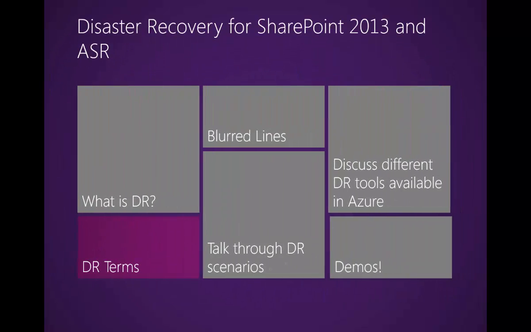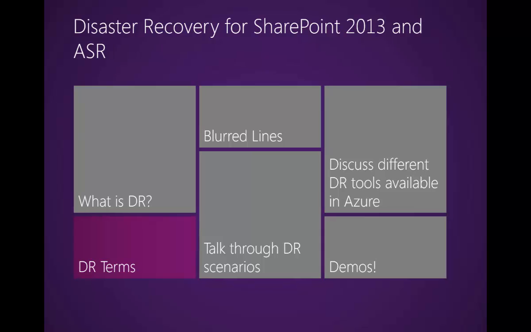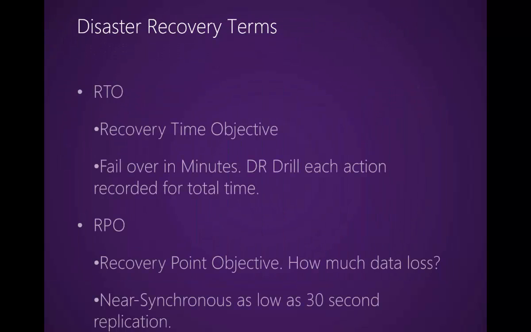So a couple quick DR terms that we'll put out there for everybody. RTO and RPO. RTO is recovery time objective, RPO recovery point objective. Recovery time is exactly what we were talking about.